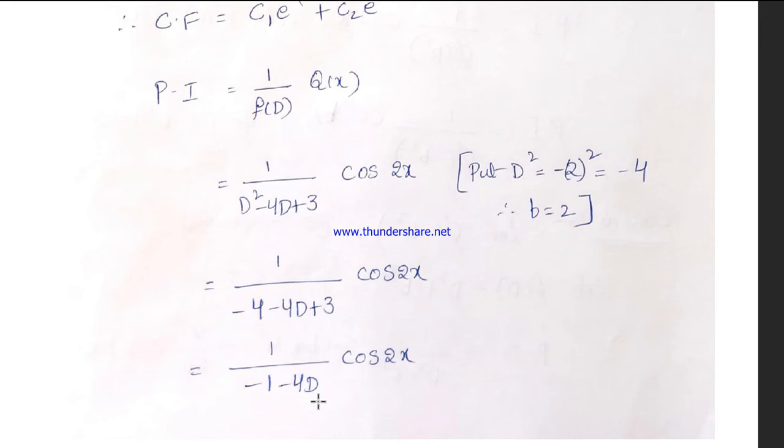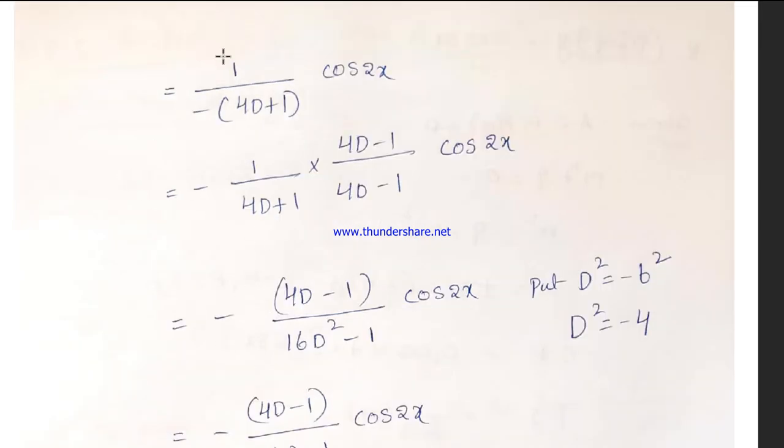We can rationalize the given function, that is minus 1 minus 4D. Taking minus common, we get 1 plus 4D; rationalize with 1 minus 4D. That is, 1 by minus 4D plus 1 into cos 2x, rationalize with 4D minus 1 by 4D minus 1 into cos 2x.